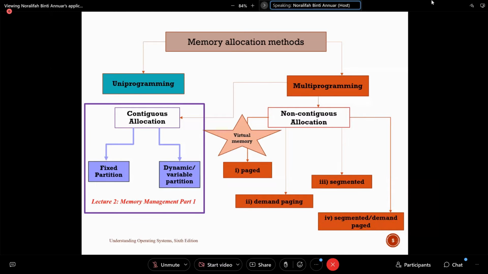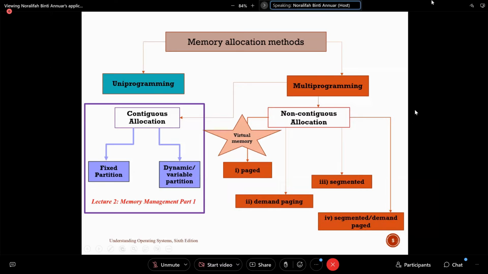This is the diagram. Uni-programming is easier because it means a single program, so it will get the CPU for that program only. As everyone knows, with one program at a time, once it is done, it will be released from the memory.